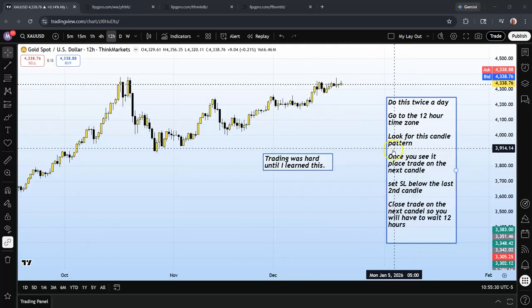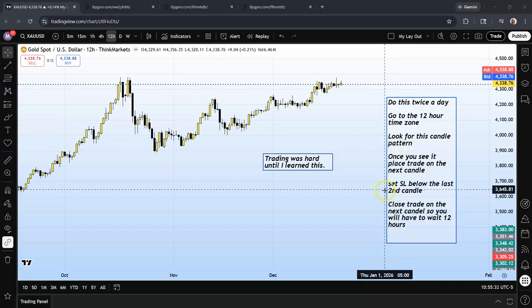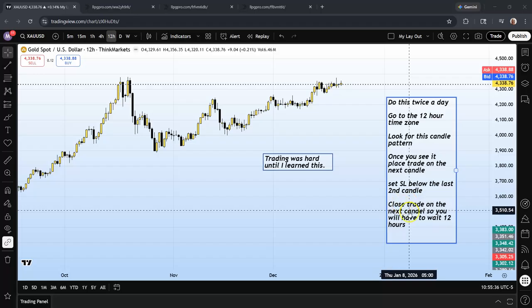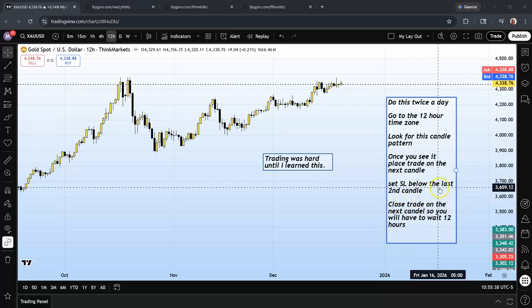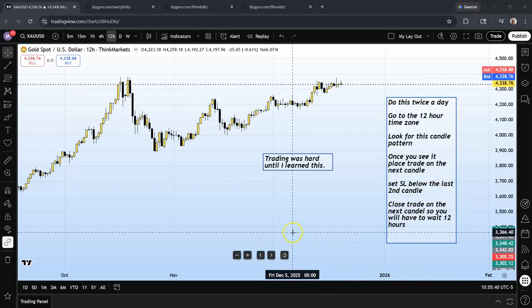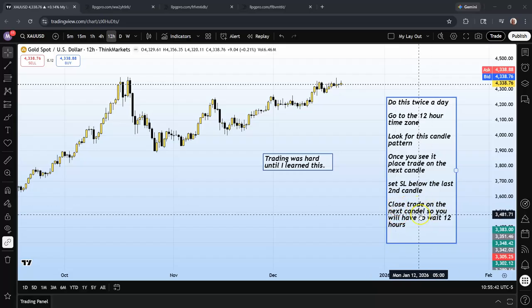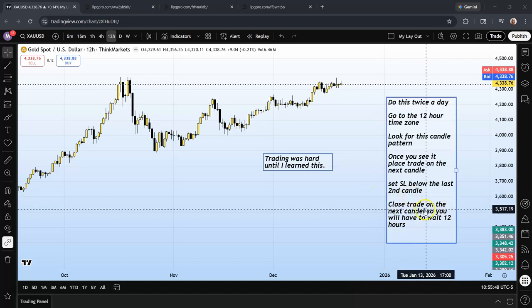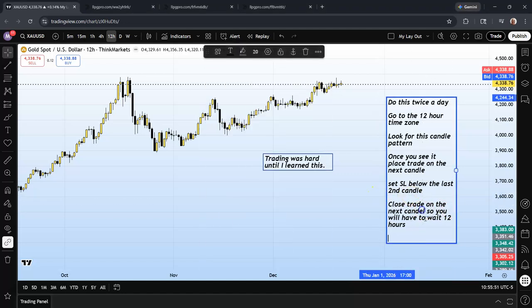So you're going to be looking for that pattern. Once you see it, place your trade on the next candle. You're going to set your stop loss below the second candle, and you're going to close the trade on the next candle.